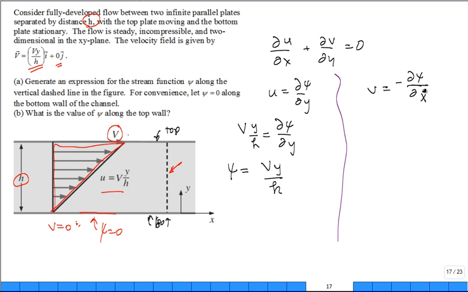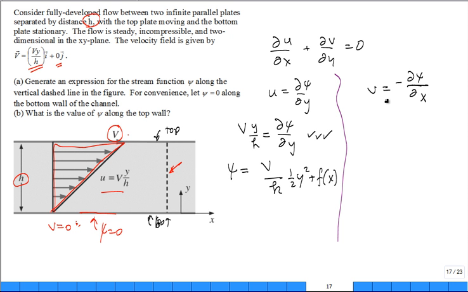How many people saw that? Yeah, keep me honest now. So now, what do we pick up? We pick up 1/2 y squared plus any function of x, because if I just take any function of x and differentiate it with respect to y, this will be satisfied right here.